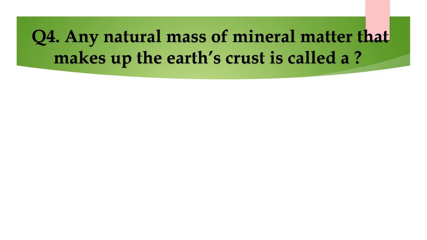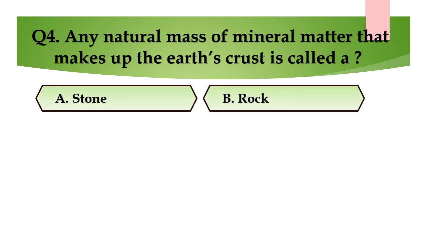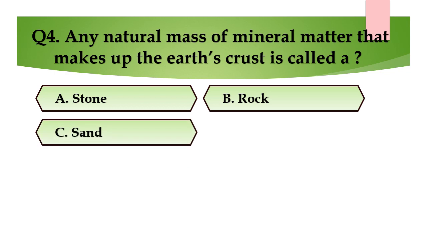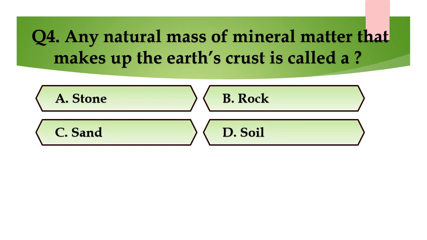Question number 4. Any natural mass of mineral matter that makes up the Earth's crust is called a, A. stone, B. rock, C. sand, or D. soil.